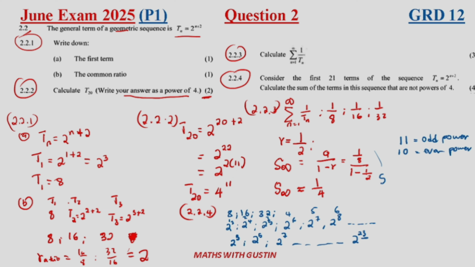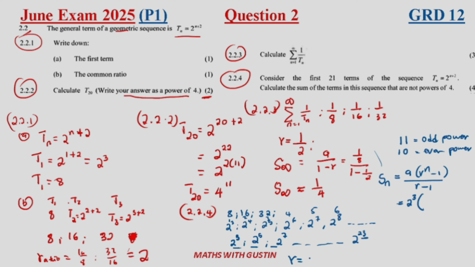So we can come here and say, the sum of those that are not a power of 4, we're going to use a times r to the n minus 1, all over r minus 1. Our first term with an odd power will be 2 to the power of 3, and we must find the ratio in this case.